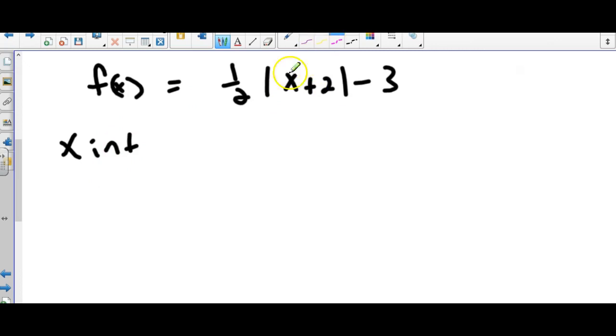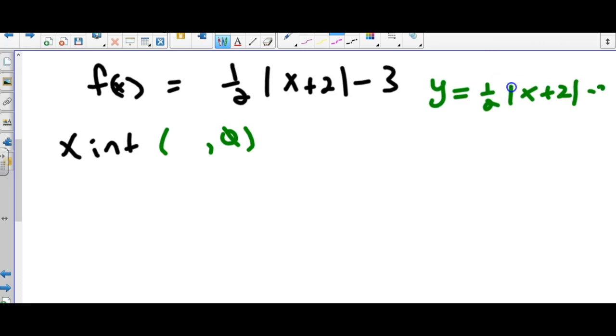Remember, for the x-intercept, what is always 0? The y value is always 0. So if I apply that, we can rewrite f(x) as y equals 1/2 absolute value of x plus 2, minus 3.